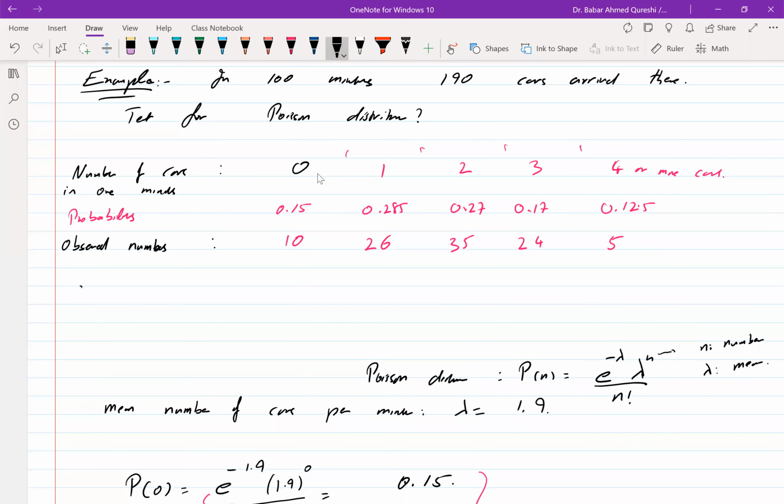These were the probabilities, and expected would be those probabilities multiplied with the total number of cars.